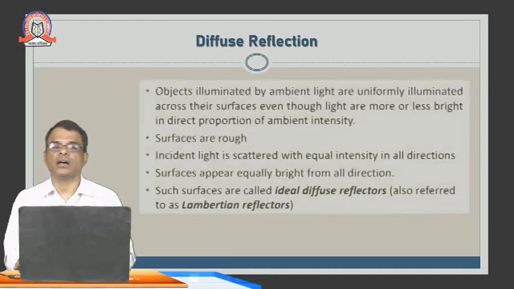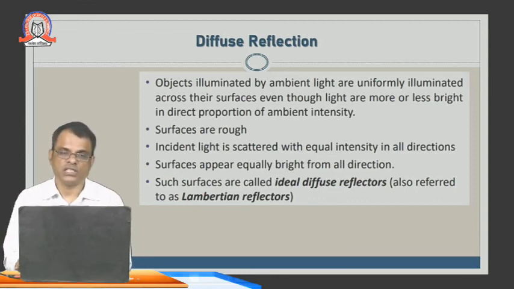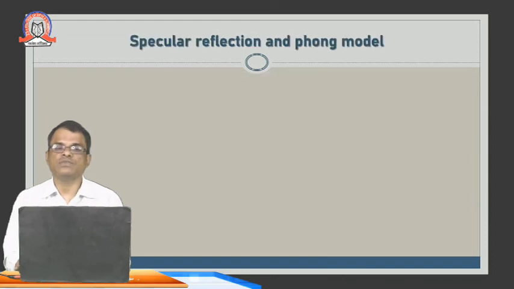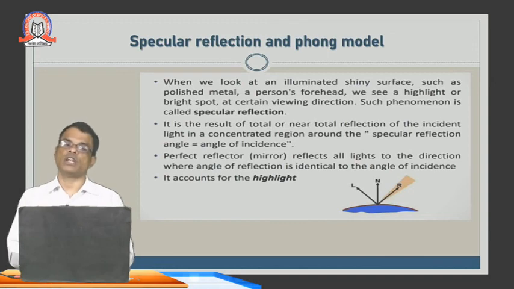Diffuse light is when the surfaces are rough and light gets reflected in every direction, so the surface looks perfectly bright from all directions. This type of reflection is diffuse reflection. And the last one is specular reflection. Under specular reflection we consider the highlights. Whenever light falls on the object, there is some highlighting point. Those points are called specular reflections.